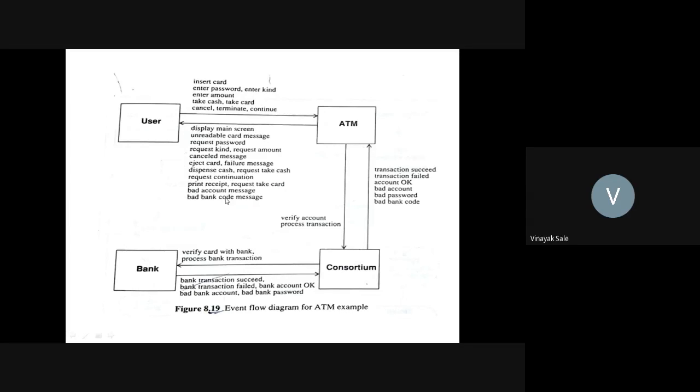These are messages from the ATM to the user. This is the event flow diagram for the ATM through the dynamic model.